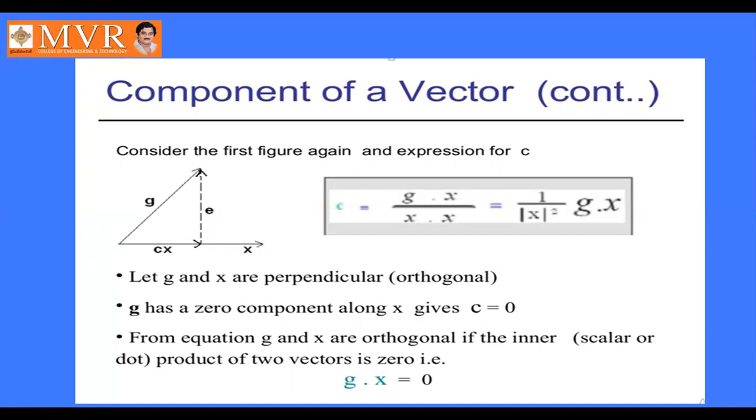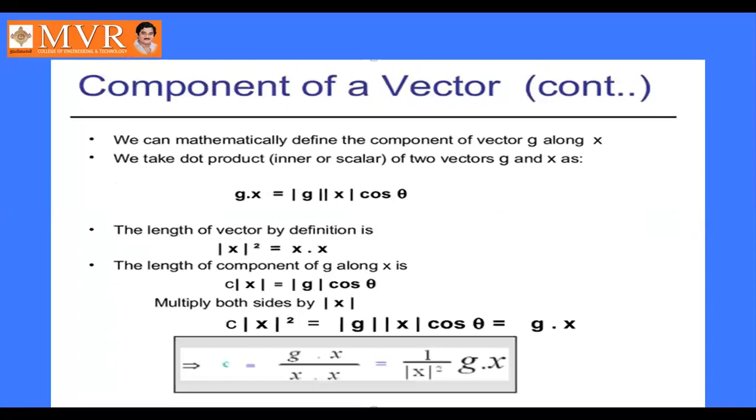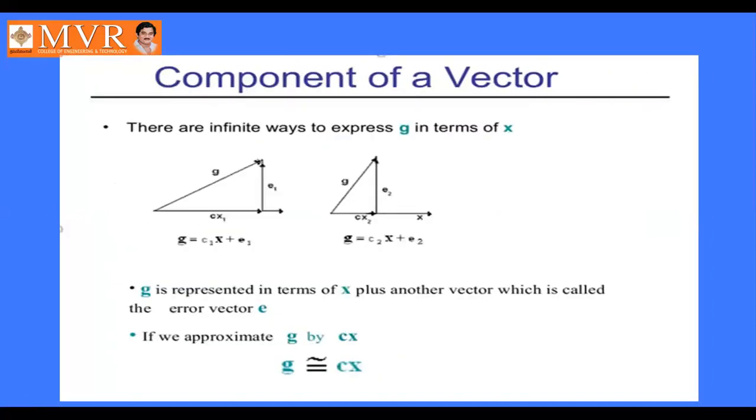So g dot x will become 0. From the equation, g and x are orthogonal if the inner product of two vectors is 0, that is g dot x is equal to 0. This is about the component of one vector along another vector.